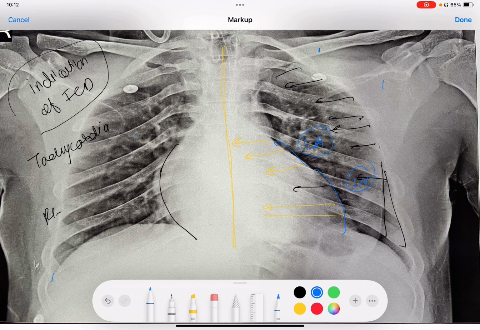So, if it is causing significant respiratory distress, if the patient is admitted with shortness of breath, we do a chest x-ray, and the patient has pneumothorax and the respiratory rate is high. Usually up to 24 respiratory rate is very much comfortable.